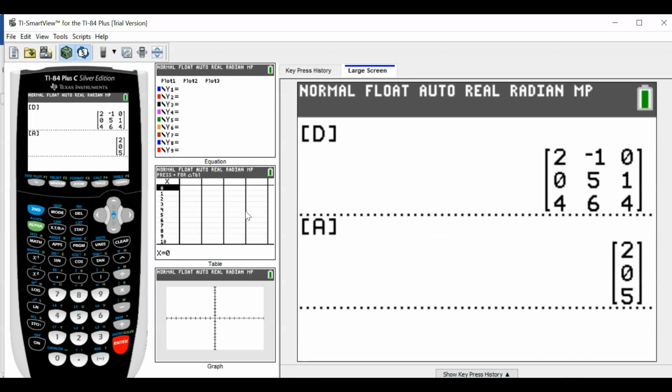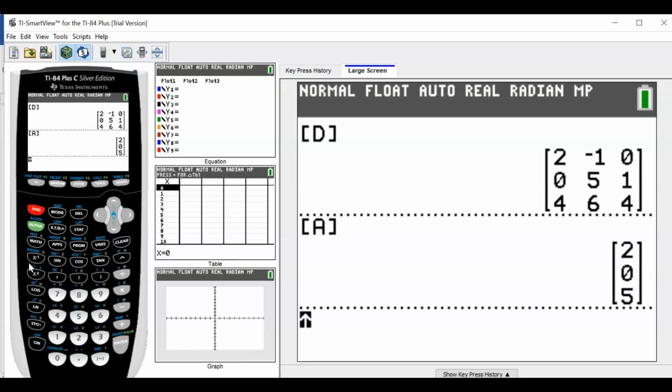All right? So let me hit our calculator up right now. So here we go. I have this already input in my calculator. Now I chose matrix D to put in my change of basis matrix that goes from A to B. And then I used matrix A to be this vector 2, 0, 5.